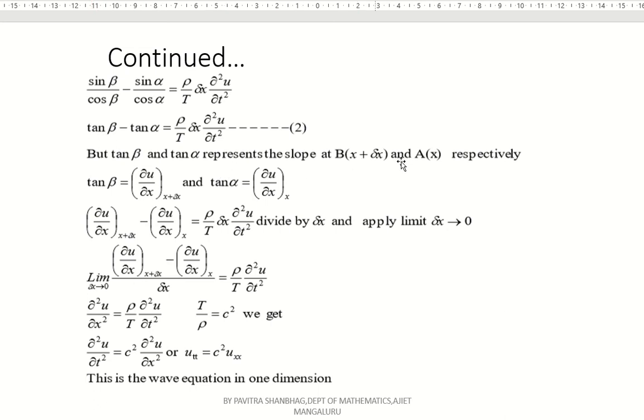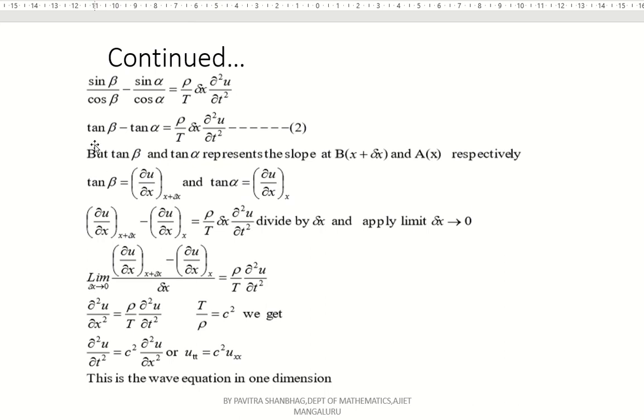Slopes at B and A, because we have taken beta first, so B, tan alpha later, that is A. Okay, how to write it in the standard form? The first order derivative represents the slope of the tangent. So here we are discussing the first order partial derivative. So what is tan alpha? Dou u by dou x at the point x, because at A. And dou u by dou x at the point x plus delta x, that is tan beta.